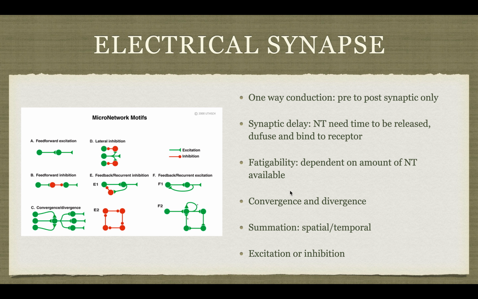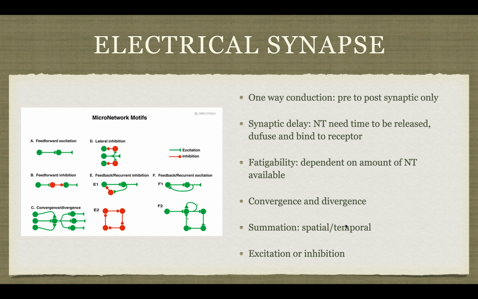So there are a couple of ways that synapses work together: by convergence or divergence. In convergence, a bunch of synapses work together and converge into one, and that makes the signal stronger. Divergence relays the one signal to a bunch of different cells, so kind of in the muscle.